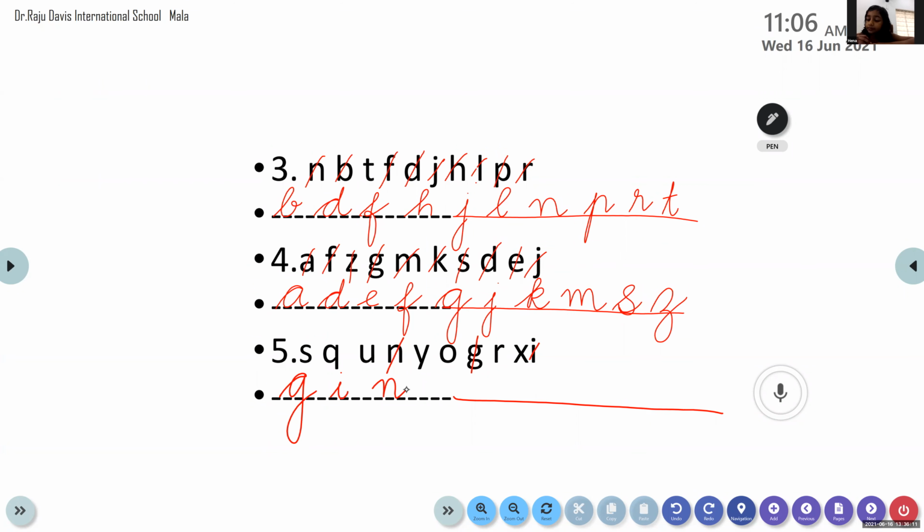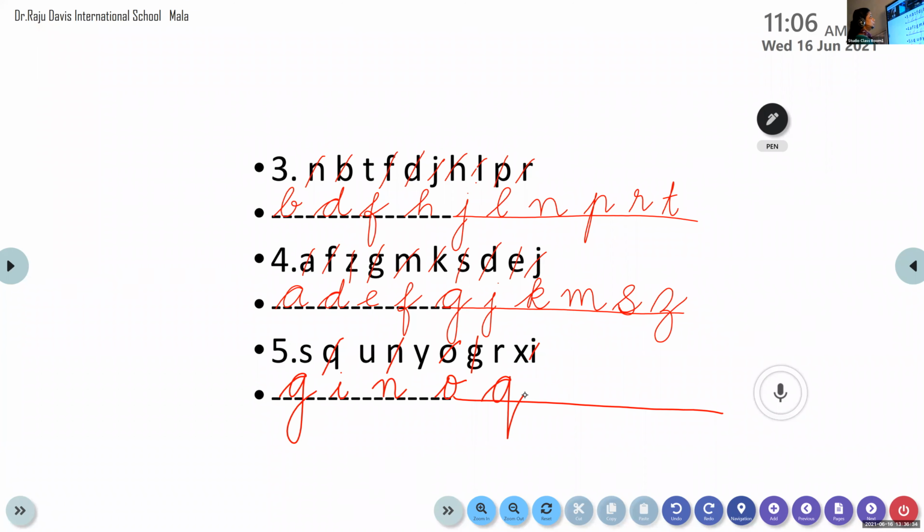M is not there. Yes, O, very good. O says I'm here. So please do strike away the O. So after O, which is the next letter? After O, P is not there, Q is there. So we have to write Q.